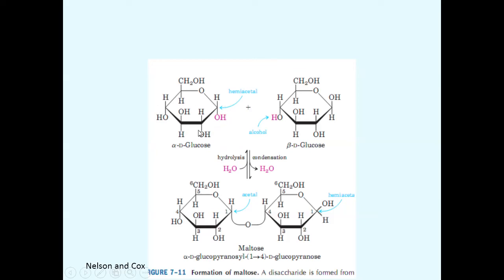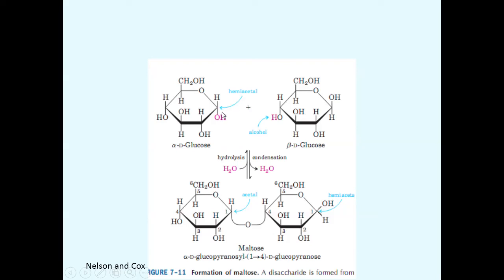Hydroxyls of carbon 2 and carbon 4 project to the right side of the carbon, but the hydroxyl of carbon 3 projects on the opposite side. This is represented in the structure drawn. Note that carbon 1 is hemiacetal.